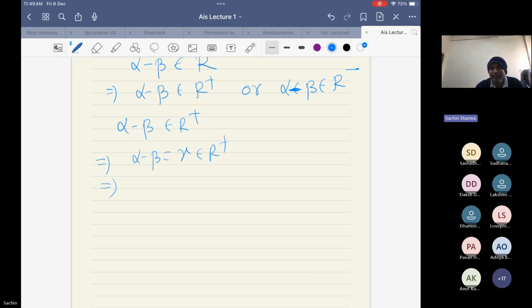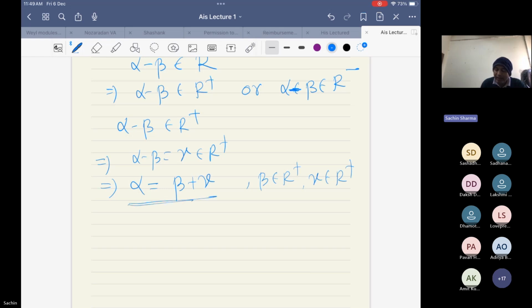But what would that imply? Any root will be either a non-negative or non-positive linear combination. That is correct, but that will imply alpha equals beta plus gamma, where beta belongs to R plus and gamma belongs to R plus.